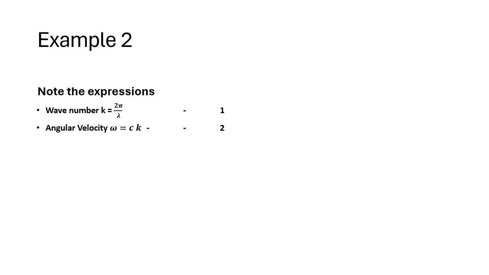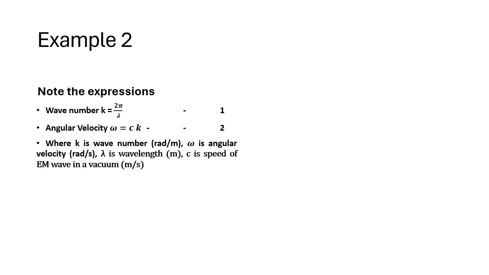These are the expressions we are going to use in solving this problem, where k is the wave number in radians per meter, omega is angular velocity in radians per second, lambda is the wavelength in meters, and c is the speed of electromagnetic wave in a vacuum in meters per second.